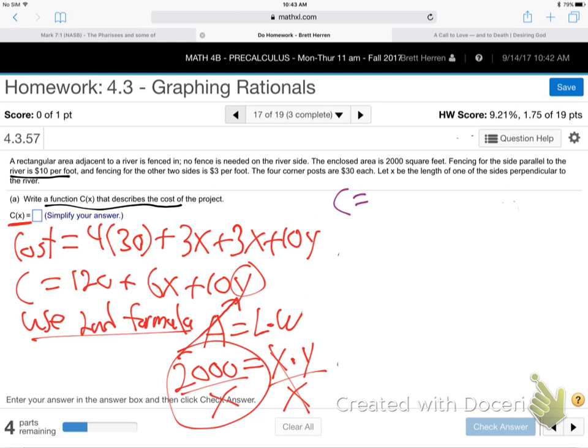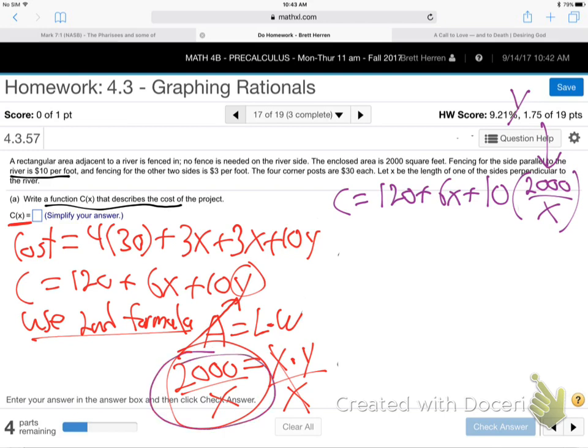We have C is 120 plus 6x plus 10y. So that, but in the place of the y, I'm going to put 10, and then the y is 2,000 over x. That's the y, isn't it? Right here. Everybody tracking with me?